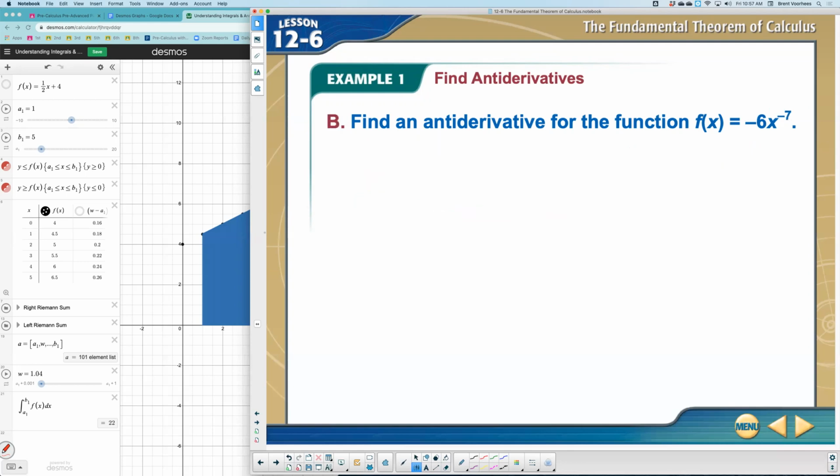All right, so here's part B, and again, it says find an antiderivative. So that means you don't have to have the plus c for f of x equals negative 6x to the power of negative 7. Now, let's walk through this one a little bit slower because we're working with negative powers. So we have negative 6x to the, and I'm going to do this in parentheses here, negative 7 plus 1.